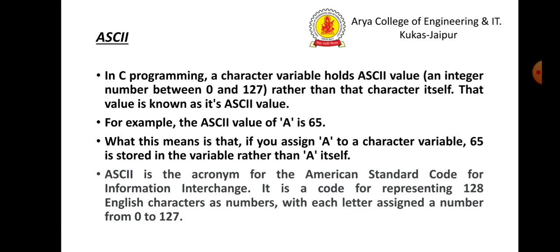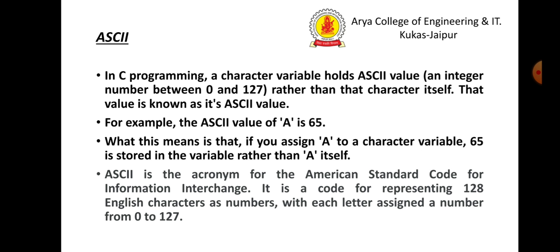Now, the ASCII. ASCII means American Standard Code for Information Interchange. All characters, numerals and special characters have an integer value. These values are based on the ASCII code. Here is an example.